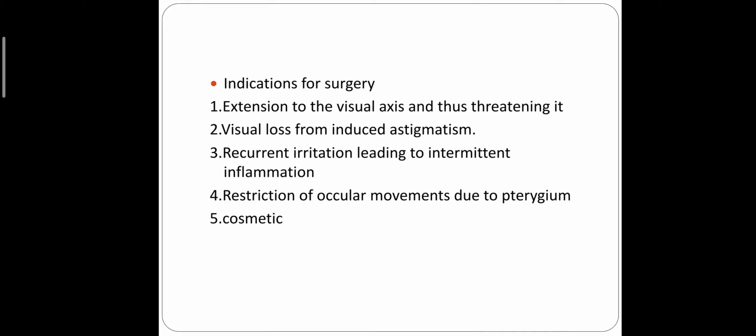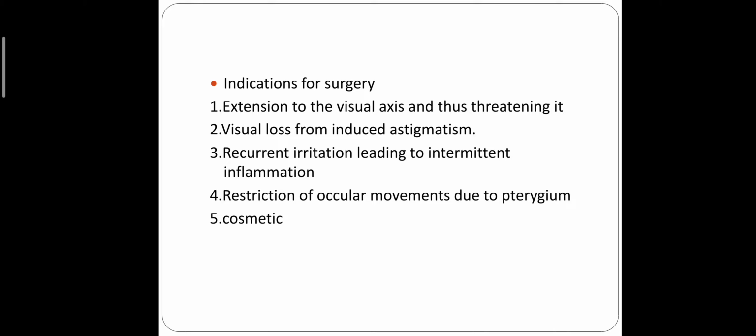And coming to indications, we need not operate all pterygiums. If the pterygium is atrophic, stationary, not progressing, and the patient is not motivated, we need not operate. So what are the indications for surgery? One is definitely a progressive pterygium extending to the pupillary area.